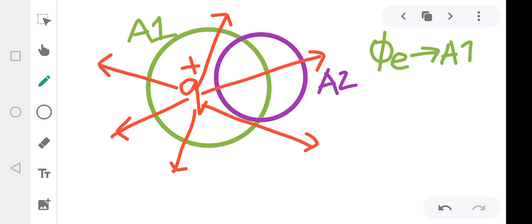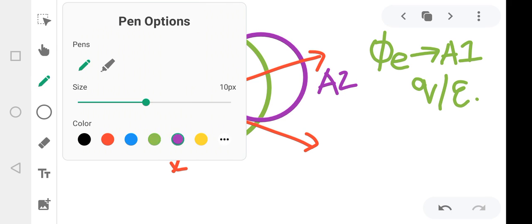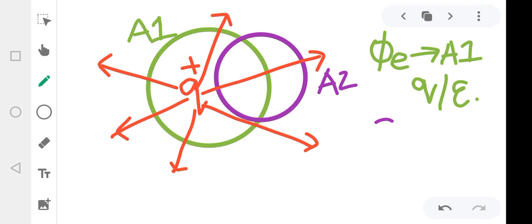If we consider this shape, A1 is a sphere, and it is enclosing charge q, which is plus charge. So the electric flux in this case will be equal to q over epsilon naught. This is the electric flux enclosed by body A1. Now considering our body A2, what is the flux passing through the A2 body?